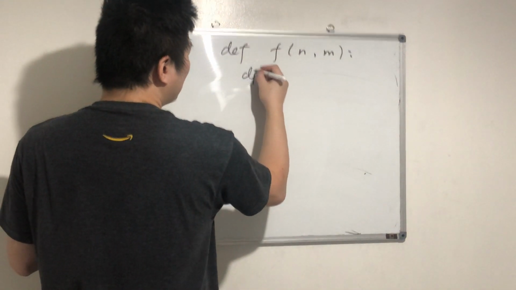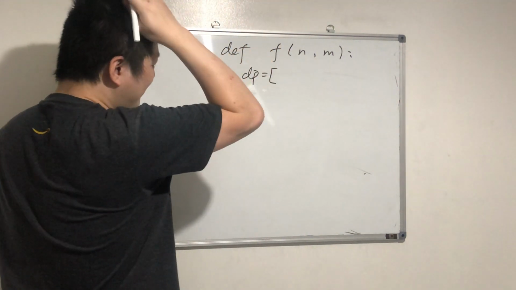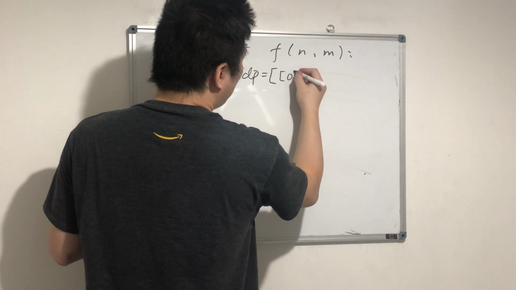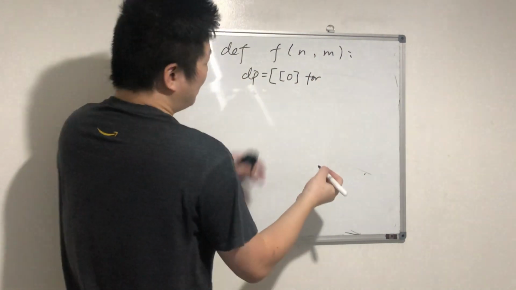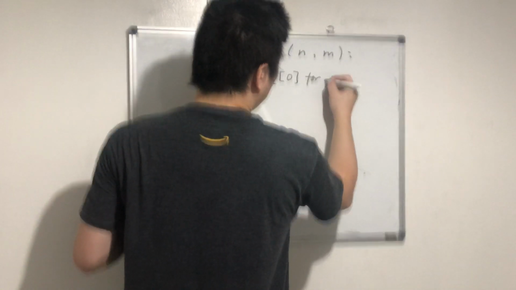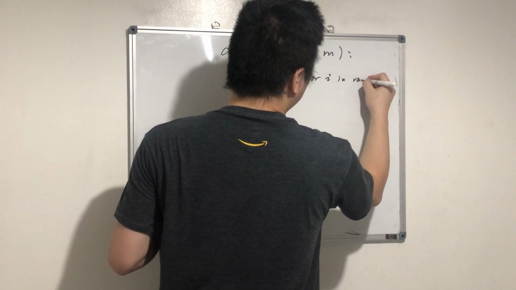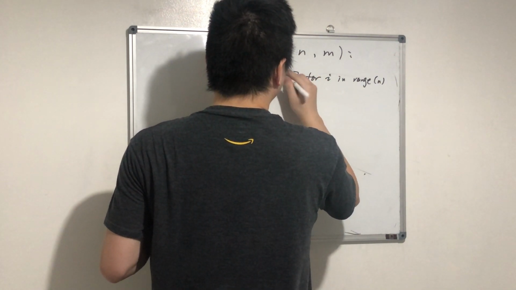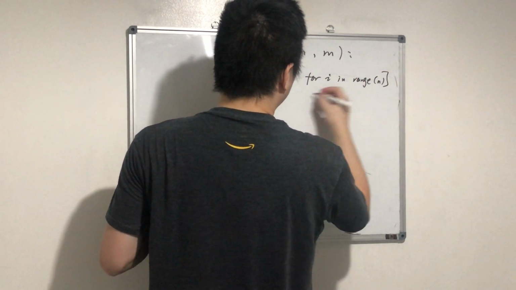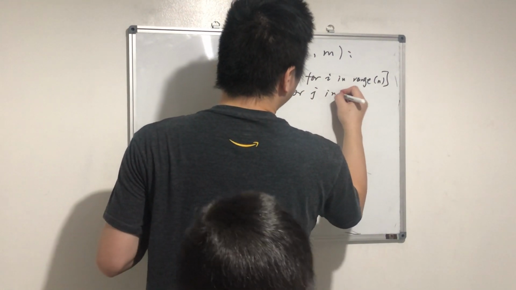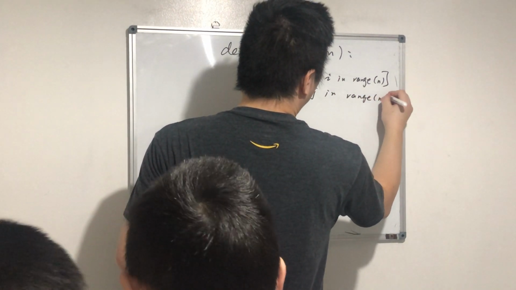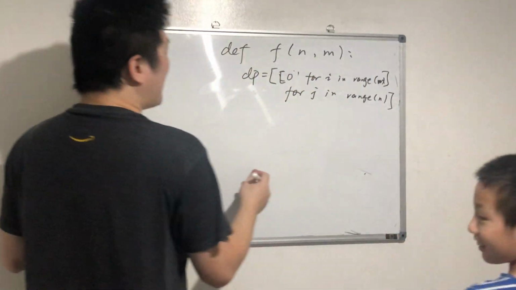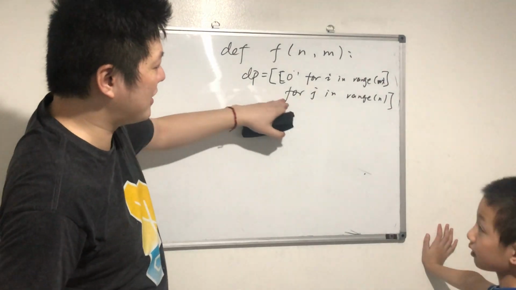So look, dp equals, we create a two-dimensional array, yeah? 0 for i in range n, and for j in range m. So this is n. This is m. Okay, so now we have this dp, which is a two-dimensional array.